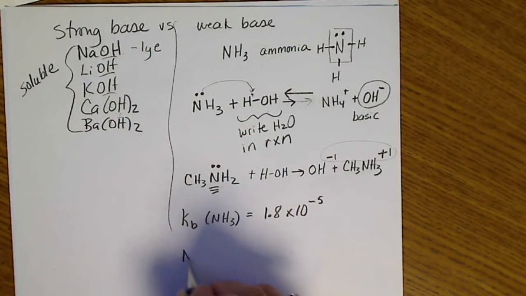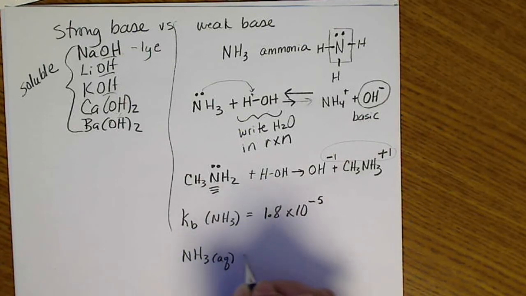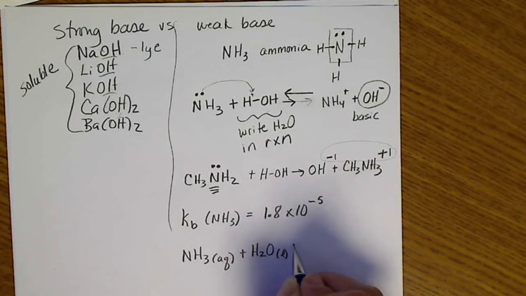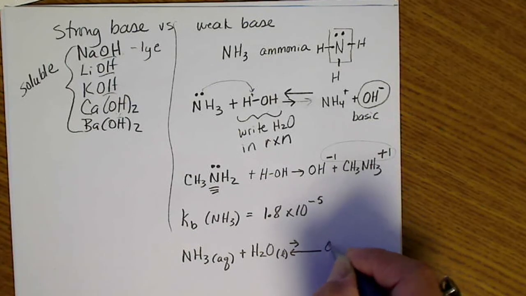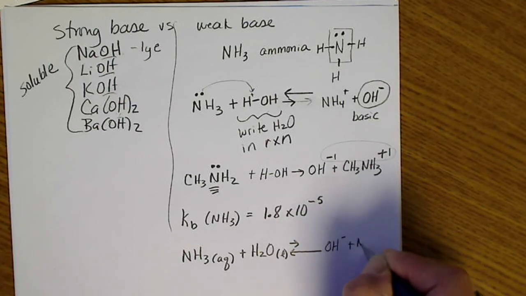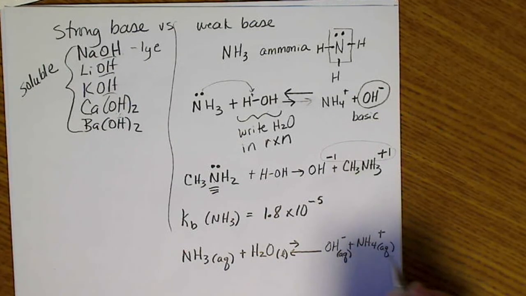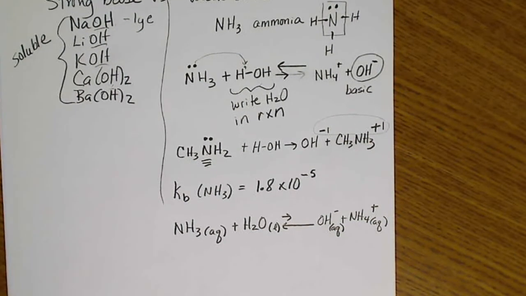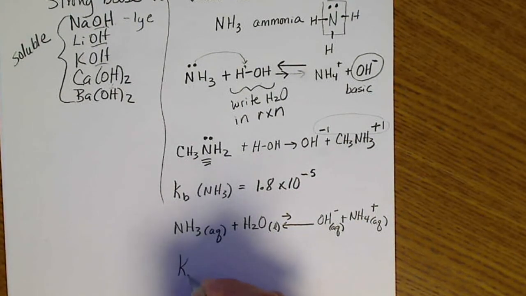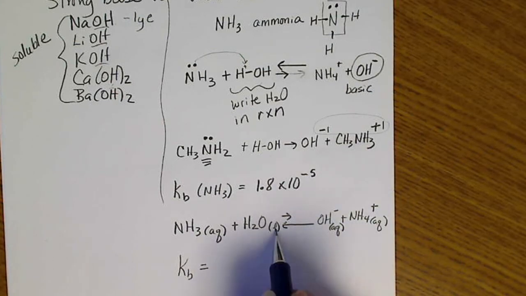So when we write the equilibrium constant, if we look at the reaction, ammonia will be dissolved in water, and then we'll have pure water in the solution. This reaction is going to run in reverse, and we'll have OH minus plus NH4 plus. This is also aqueous, dissolved in water, and this is also dissolved in water. Recall from a previous chapter when we write the equilibrium expression for this, we don't include pure liquids or solids in that expression.